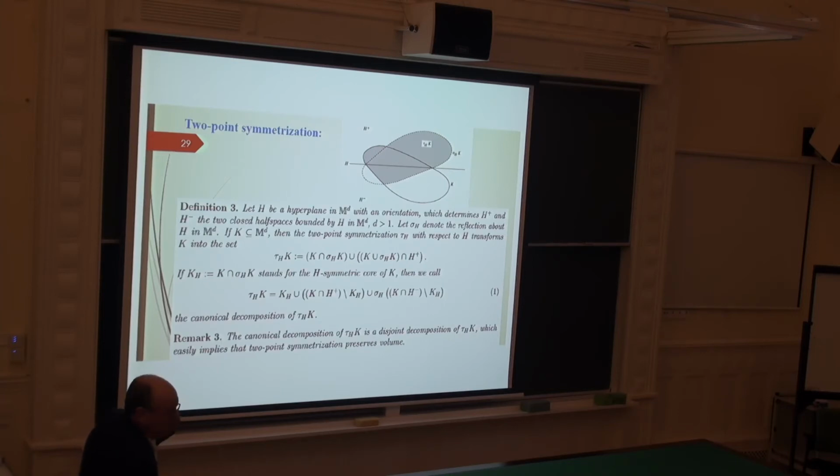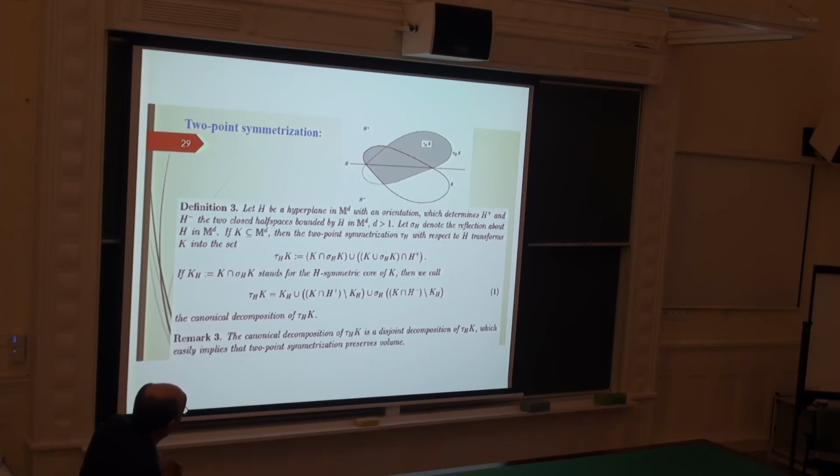But there is a very good property of this symmetrization which comes forward when you generate a disjoint decomposition of the two-point symmetrization of K. Namely, you could take the H-symmetric core of K, so you reflect K about H and then take the intersection of these two sets.